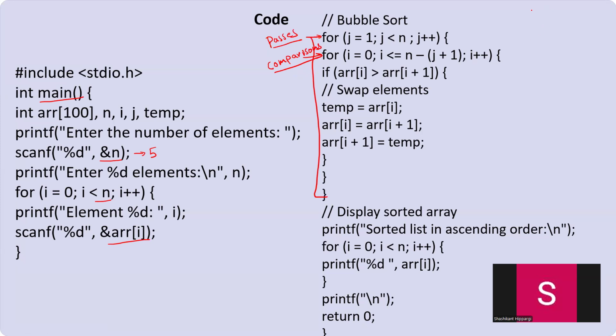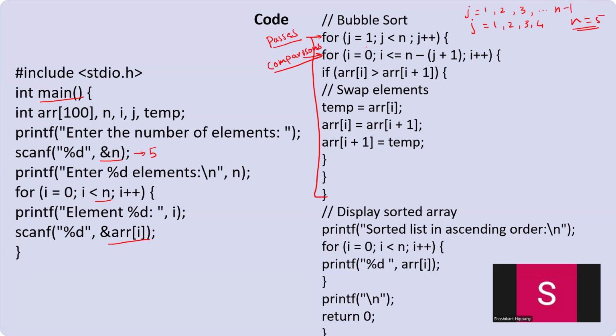As we have discussed, if we have n number of elements, we will have n minus 1 number of passes. The number of passes will be j from 1, 2, 3, up to n minus 1. So in our case, j is equal to 1, 2, 3, 4 because n is equal to 5.